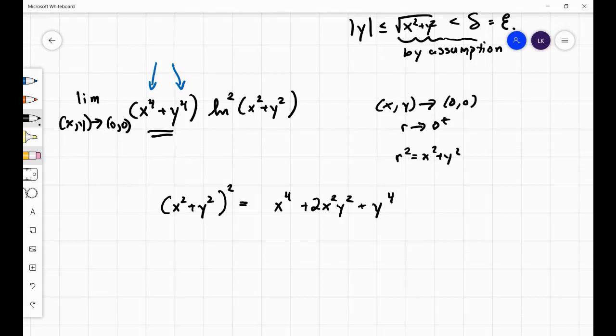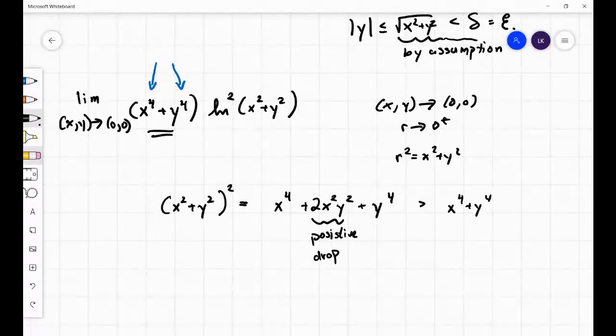What do we know about this? Well, it is positive in our case. And so if you drop the middle positive term, the resulting expression would have to be smaller, right? Because you took away some positive quantity from the left-hand side of that inequality.